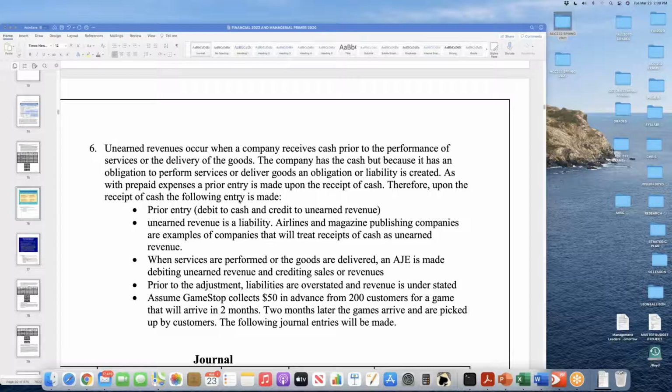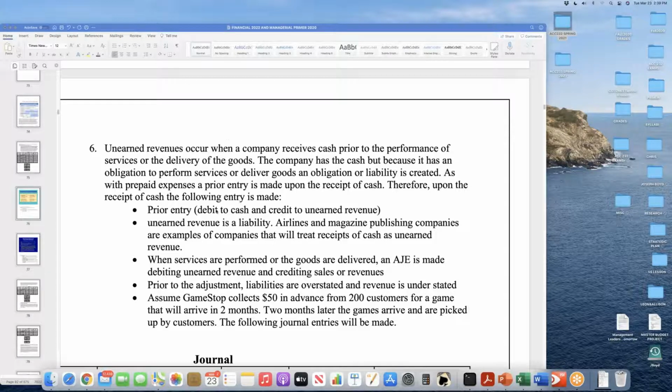For the company, they're so happy because you're paying in advance. When you buy airline tickets, you have to pay in advance. When you get magazine subscriptions, they want you to pay in advance.